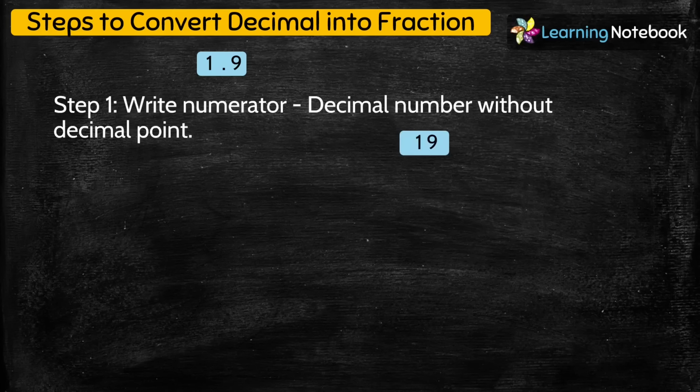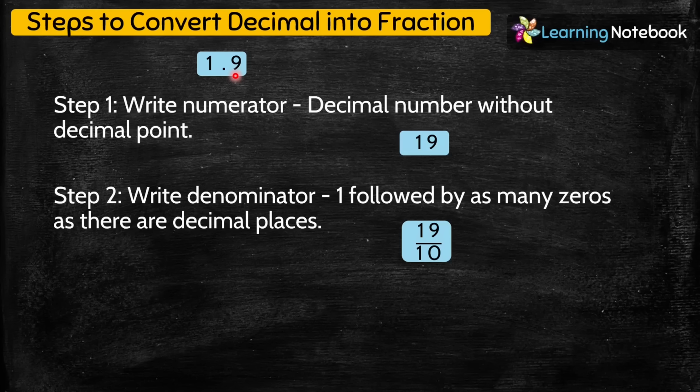In step 2, we will write the denominator of the fraction, which is 1 followed by as many zeros as there are decimal places in the given decimal number. So students, here the decimal place is only 1. So we will write 1 followed by 1 zero.